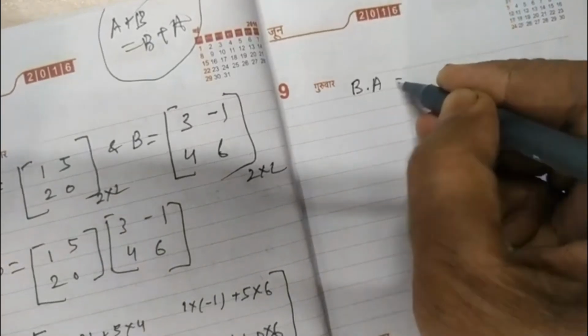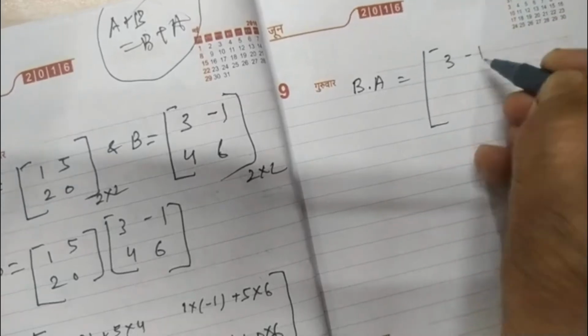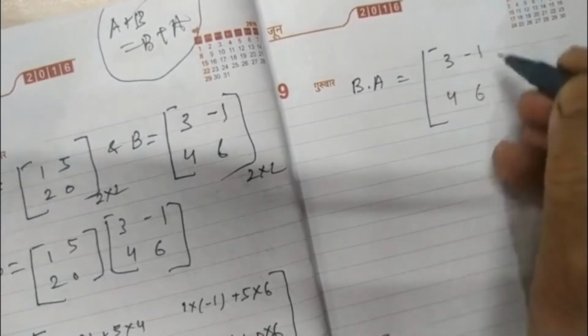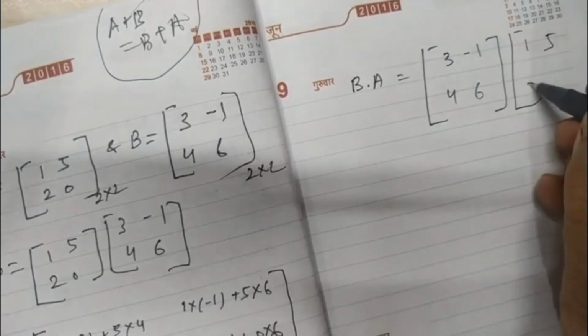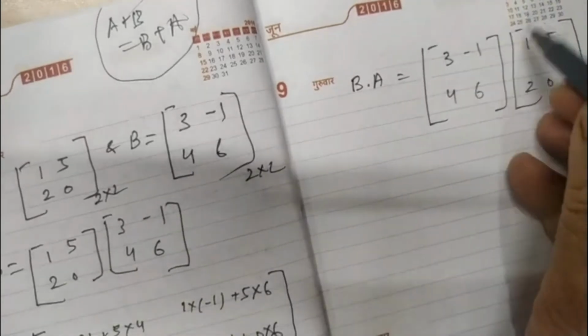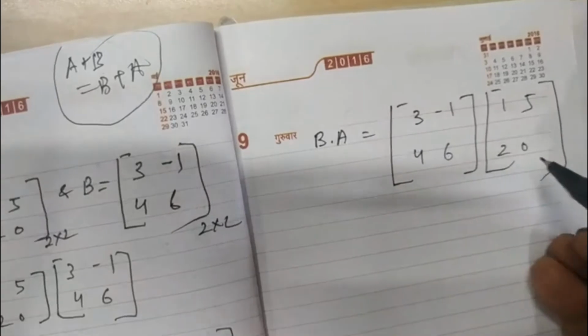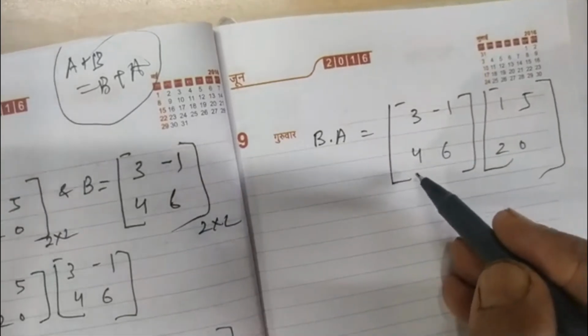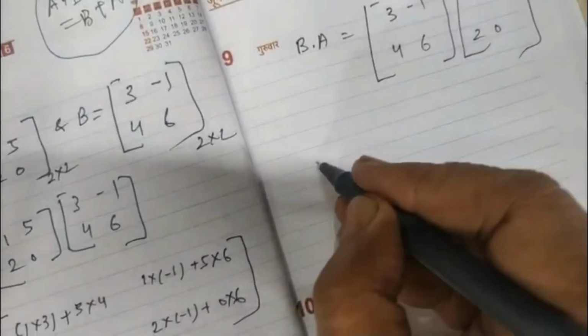Now see, we multiply in reverse order, B into A in the place of AB. Here A is 1 5 2 0. We apply the same rule. First row multiplied by column 1, first row multiplied by column 2. Again R2 is multiplied by C1 and then C2.